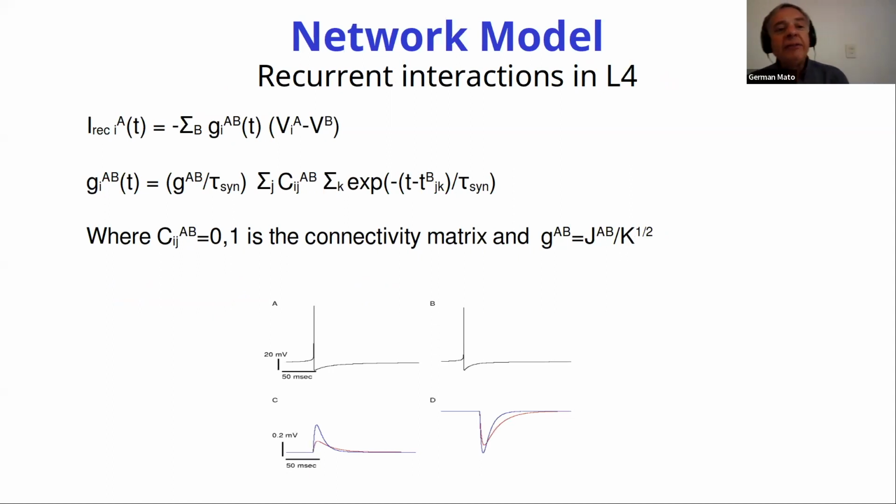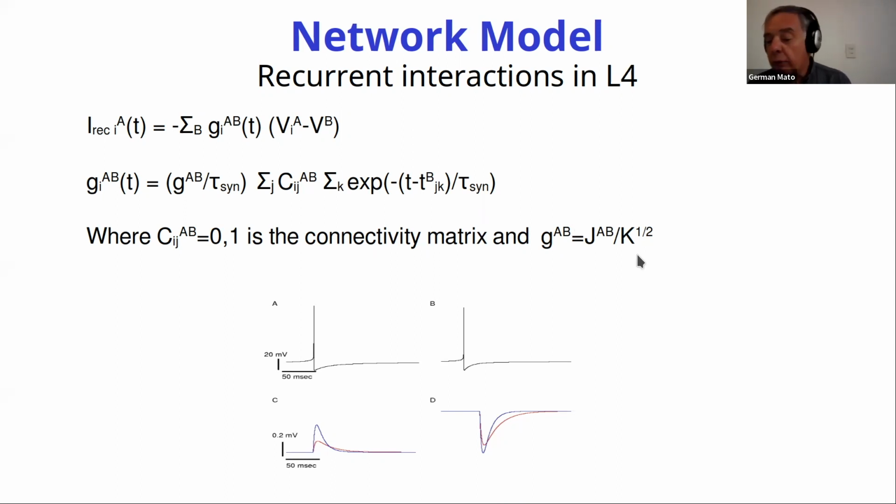Now, the recurrent interactions are also conductance-based synapses, where the times are the times of the spikes of the neurons in layer 4, which could be excitatory or inhibitory. The strength of the connections is the same for all the pairs of neurons that are connected, I mean, where C_ij is 1, and let us note that it's scaled as 1 over square root of K, where K is the average number of connections per neuron.